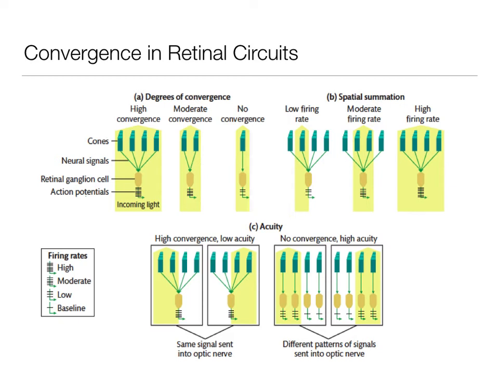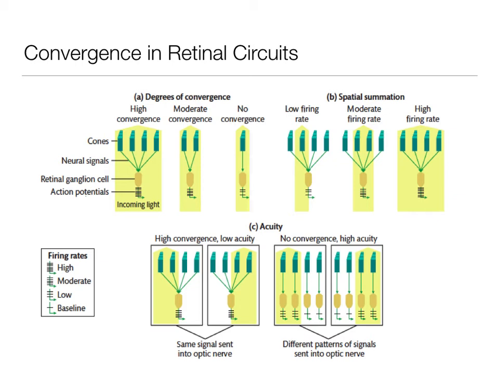In the second picture, in the moderate firing rate, 2 of the 4 are being activated. And in the high firing rate, all 4 of them are being activated. So again, think about what's going into that funnel, okay? The funnel's the same size in all 3 of these pictures of B. What's different is how much is going into the funnel, okay? And so we have a little bit going into the funnel, so we have a low firing rate. We have a whole bunch going into the funnel, we have a high firing rate.